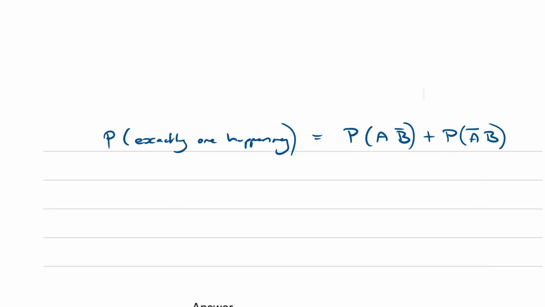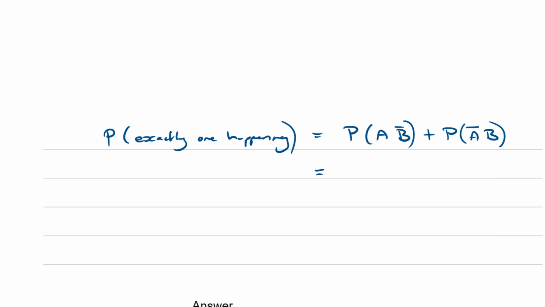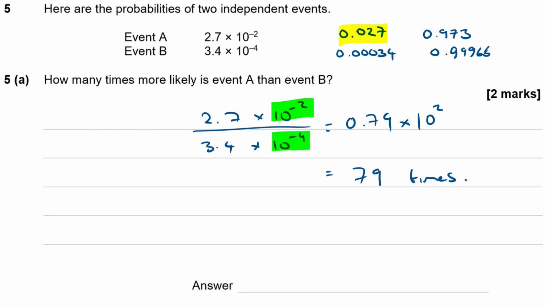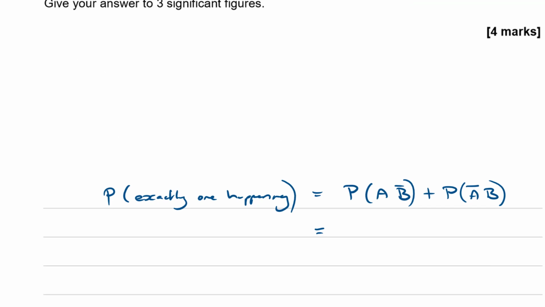So then coming back to our maths down here, the probability of A not B is going to be the probability of A and not B, that one there, 0.027 times 0.99966.